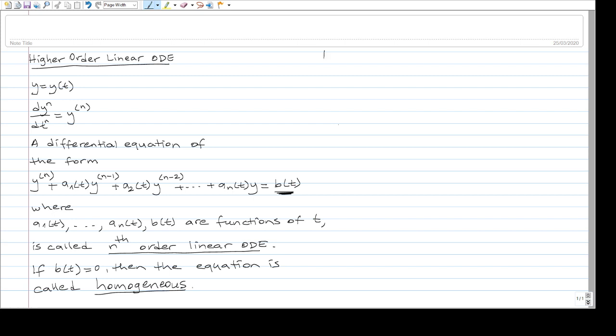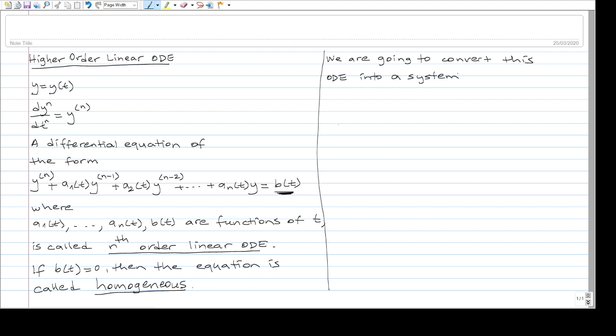All right, now in order to develop methods of solving such equations, we are going to convert this ordinary differential equation into a system.